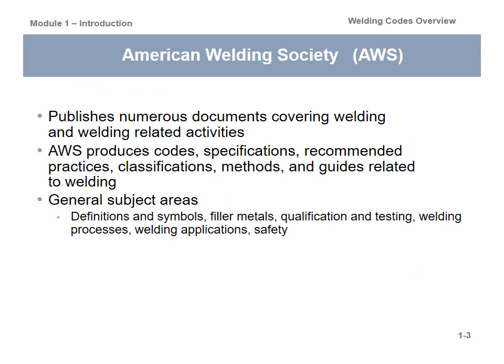The American Welding Society publishes numerous documents covering welding and welding-related activities. AWS produces codes, specifications, recommended practices, classifications, methods, and guides related to welding. Their general subject areas are definitions and symbols, filler materials, qualifications, testing, welding processes, welding applications, and safety.